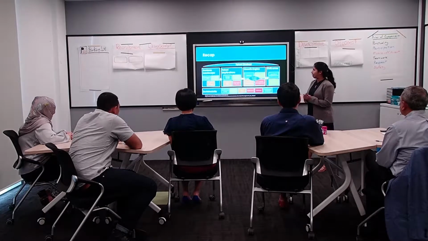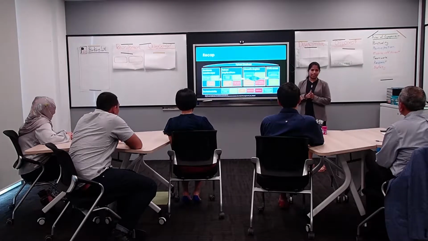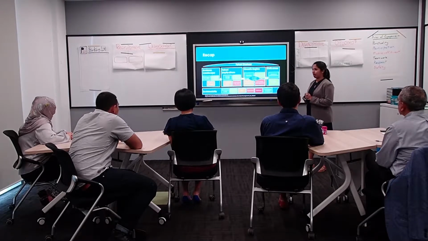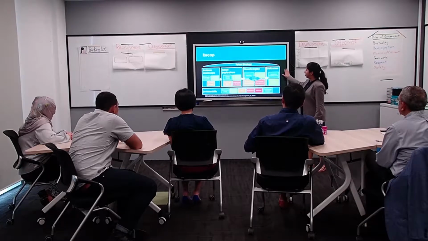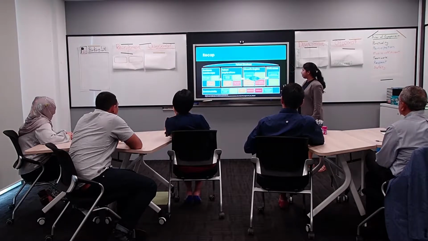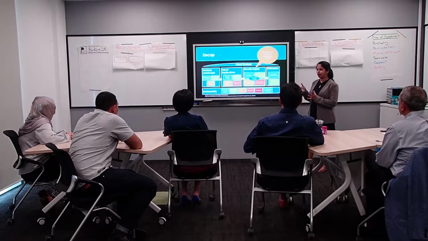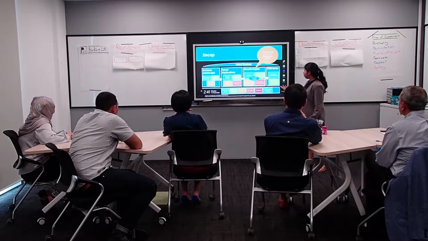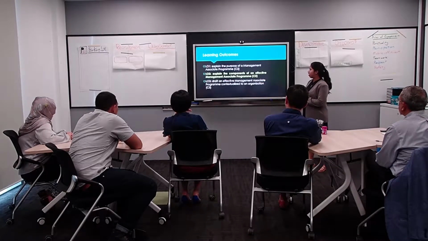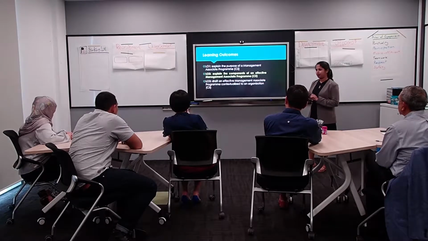Then we also looked at the overall talent management strategy and how it's linked to the business drivers and also the outcomes. And we saw that the management associate program is actually part of the growth engine. So now we will be going through the second learning outcome, which covers what the components of a management associate program are.